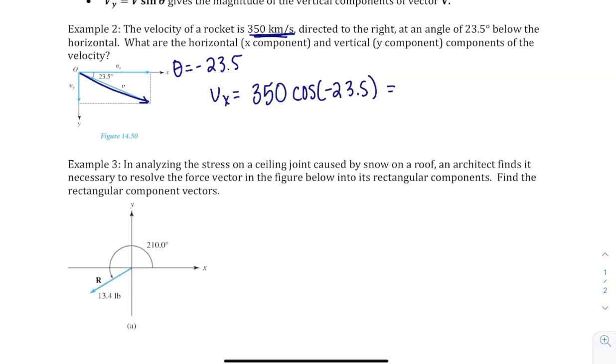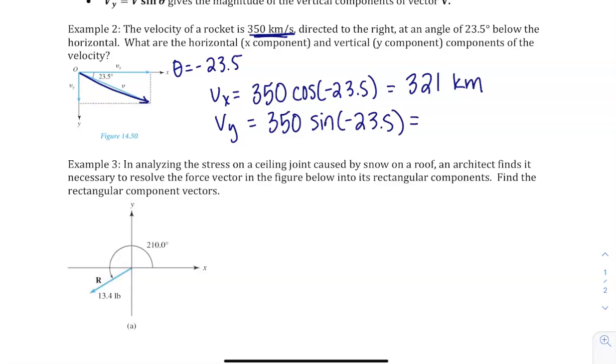That gives us 350 times cosine of negative 23.5. We have a horizontal component of, it's 320.97, so we'll make that 321 kilometers. And then our Y component will be 350 times the sine of negative 23.5, and that gives us negative 139.6 kilometers.